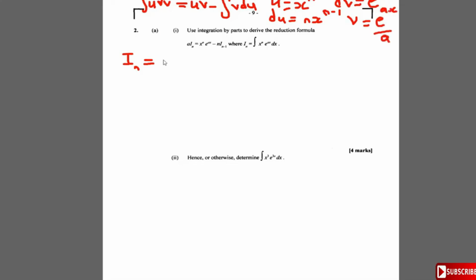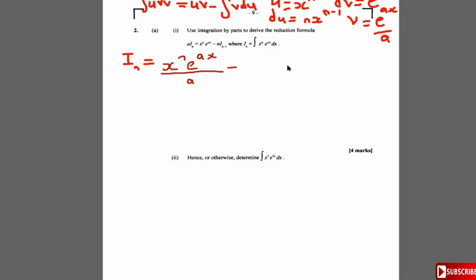So using the reduction formula, In is uv, u times v, which is going to be x to the n times e to the ax over a. When I work that out, that will be x to the n, e to the ax over a, minus the integral of v du.